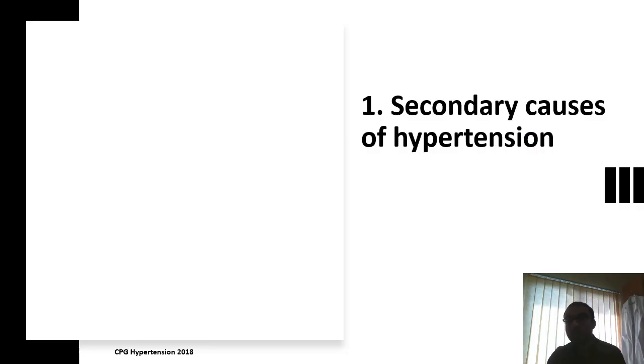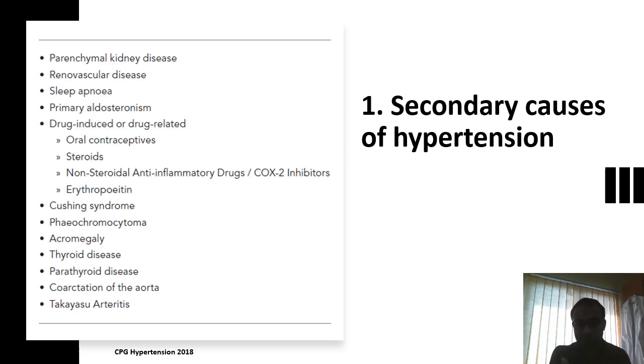First, the secondary causes of hypertension. As I mentioned, we have medical conditions, you can see here, and some medication-induced. This list from the national guidelines is actually far shorter than the real number of medications that can affect the blood pressure. Among them, of course, we have the non-steroidal drugs, and the steroids as a common one.